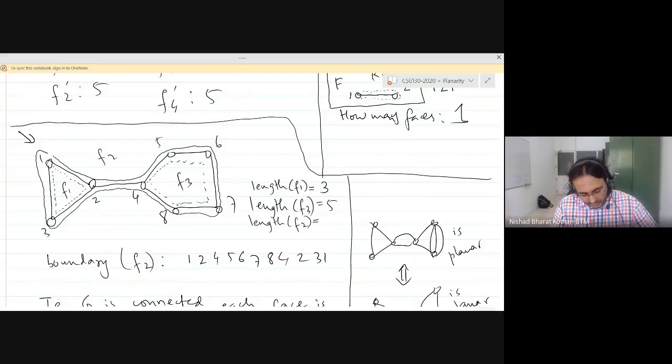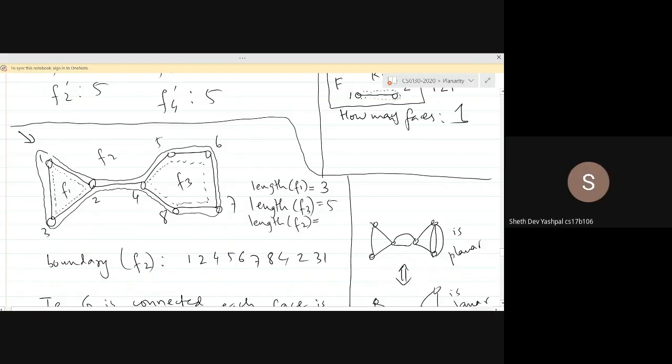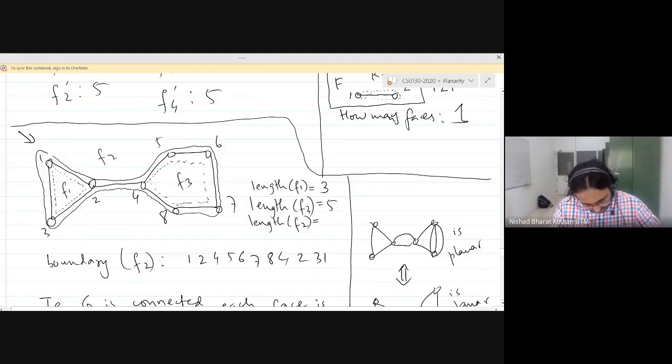So can someone tell me what is the length of F2? 9. Let's see. You go from 1 to 2. Okay, I've written the boundary here. So how many edges are there? 1, 2, 3, 4, 5, 6, 7, 8, 9, and it looks like 10 to me.